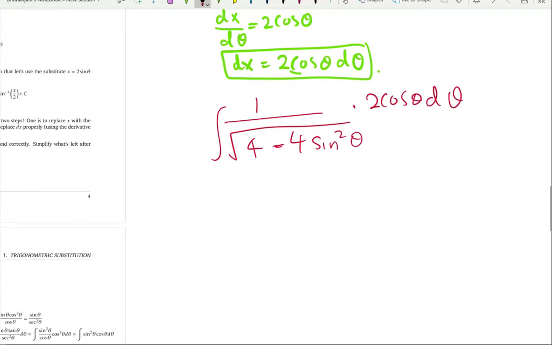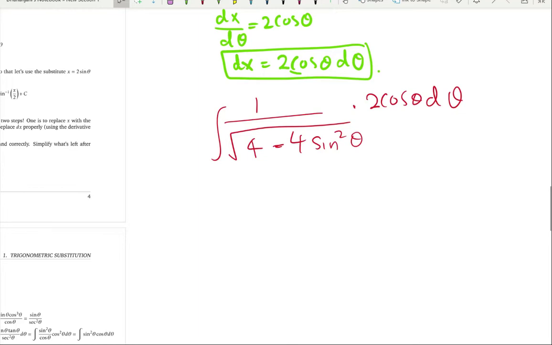Once you are finished with the substitution, make sure you don't have x anywhere else in the integral. If I look at the integral, I have only theta, so you're good with the substitution. If you still see x in the integral, that means you have not substituted correctly and you still have to do some substitution.